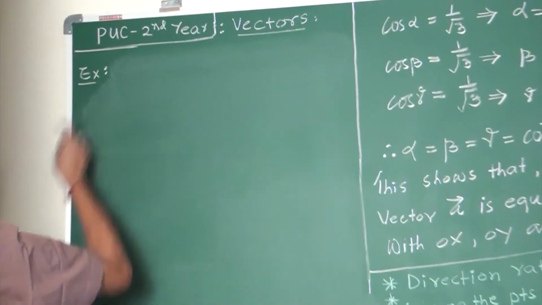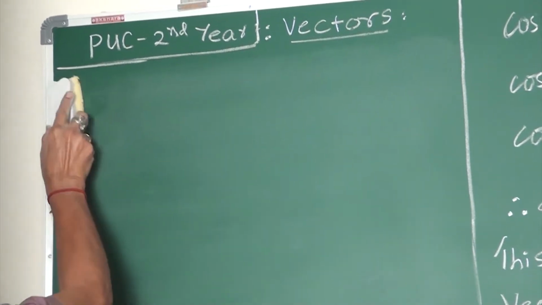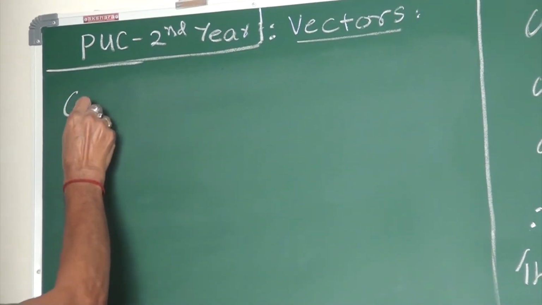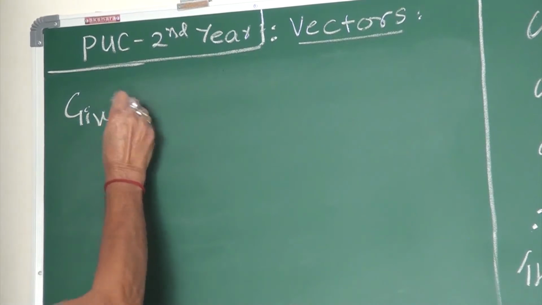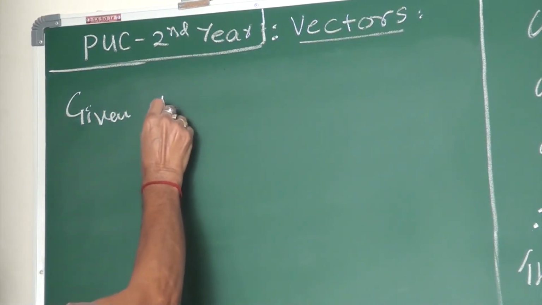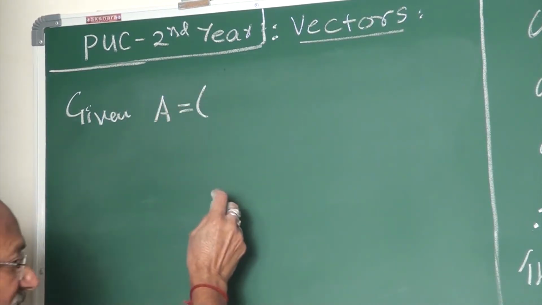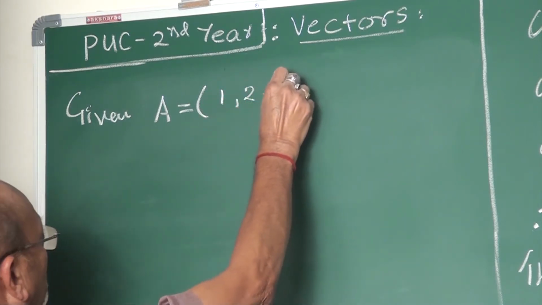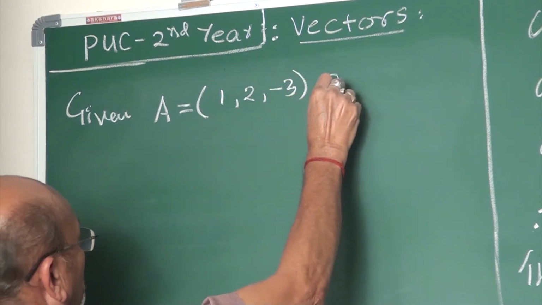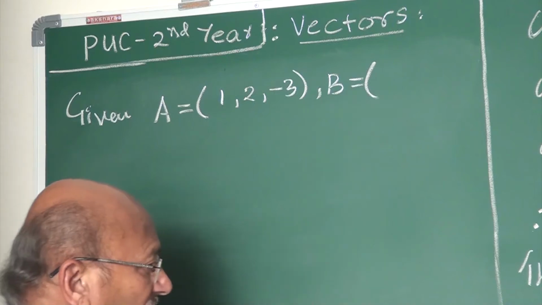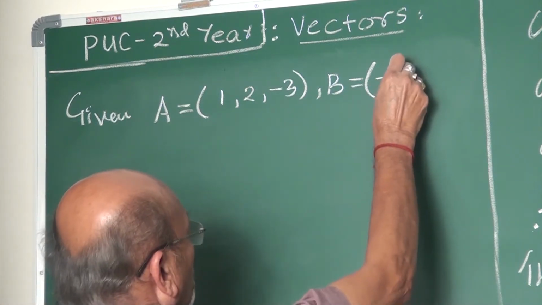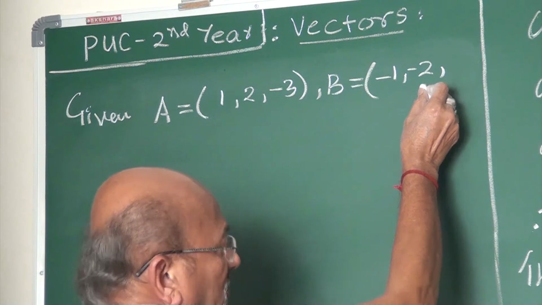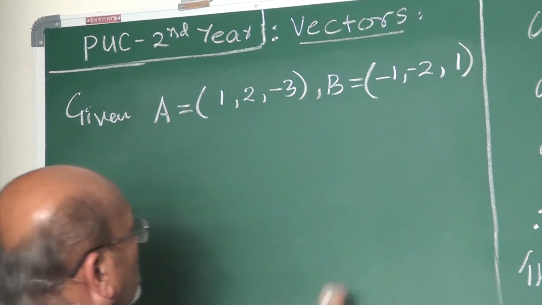Yes, given point A with coordinates 1, 2, minus 3, and B equal to minus 1, minus 2, 1.